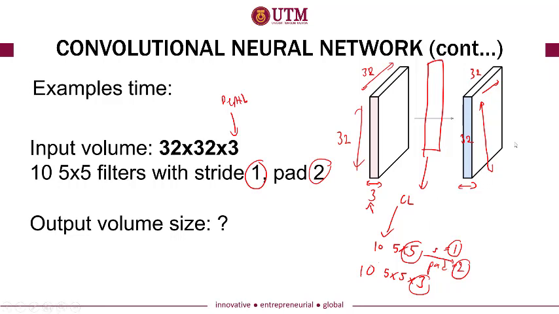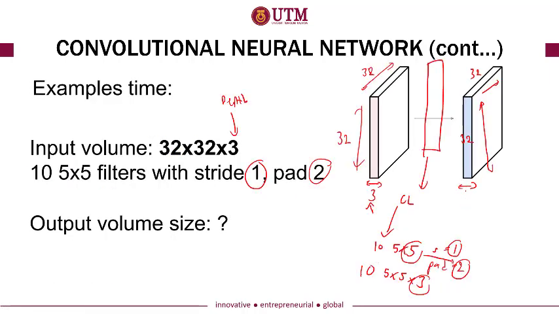So at the end, what is the output size, or the matrix size of this output matrix? It should be 32 times 32 because of stride equal to 1 and padding equal to 2. By having a 5 times 5 filter, you have maintained the size, meaning 32 stays 32. How about the depth? The depth should be equal to 10.